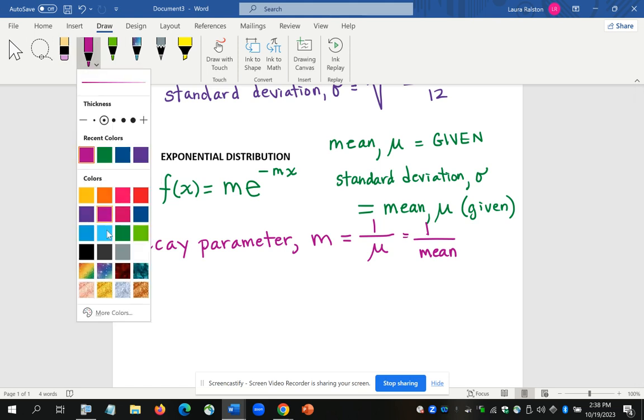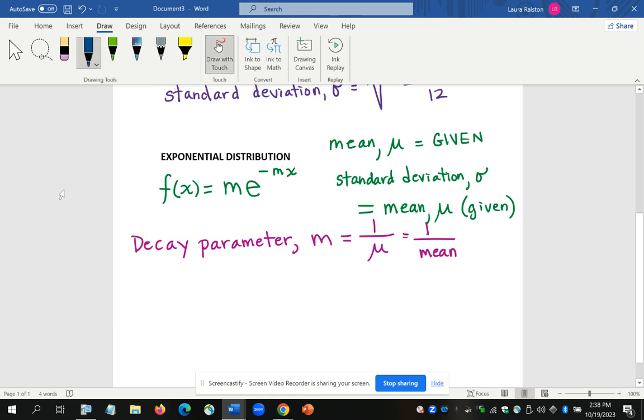Calculating the probabilities of an exponential function, there are two different formulas. It depends upon whether you're doing the area to the left or the area to the right. So there's two formulas that we need to write down. First, we want to find the area to the left. Now again, area corresponds to probability.